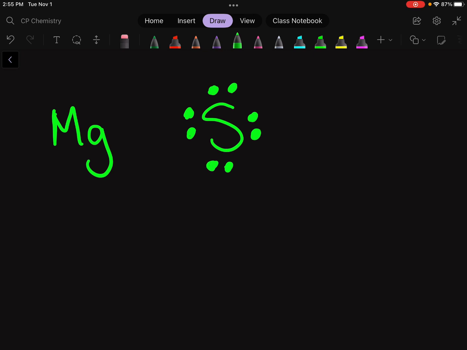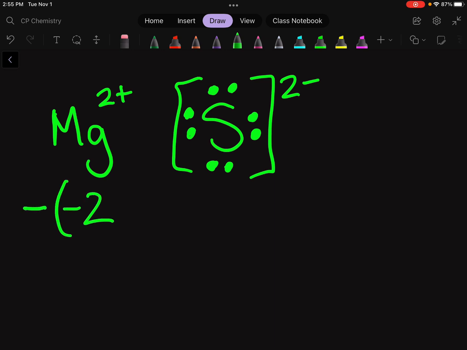to sulfur. And to show that they came from magnesium and they went to sulfur, magnesium's charge will be put on it, and sulfur's charge will be put on it. Now, the reason it's +2 and -2, remember, magnesium, we subtracted 2 electrons, which add up to a -2.